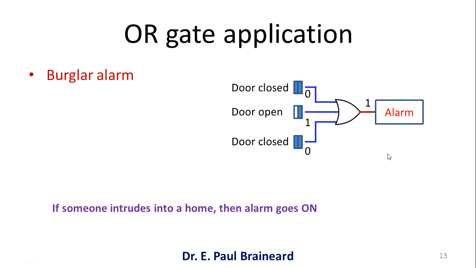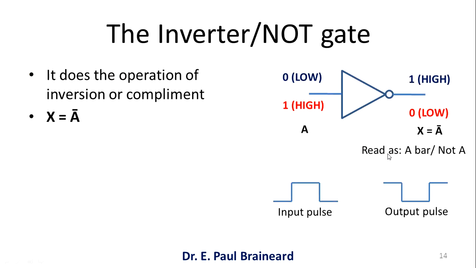The next gate is the inverter or NOT gate. The symbol shown here is a NOT gate. The circle in front of the triangle is called a bubble. Without this bubble, the circuit will represent a buffer. An inverter or NOT gate does the operation of inversion or complement.